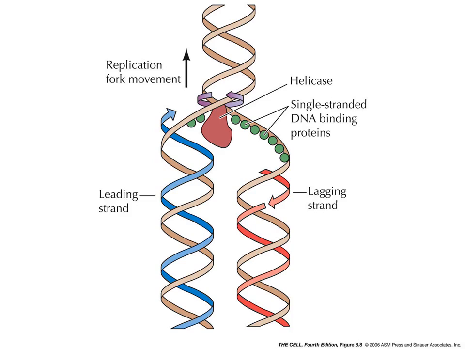So why do we have a leading strand and a lagging strand? Remember, DNA is antiparallel. One strand is in the 5' to 3' direction. The other strand is in the 3' to 5' direction. Replication always occurs in the 5' to 3' direction.